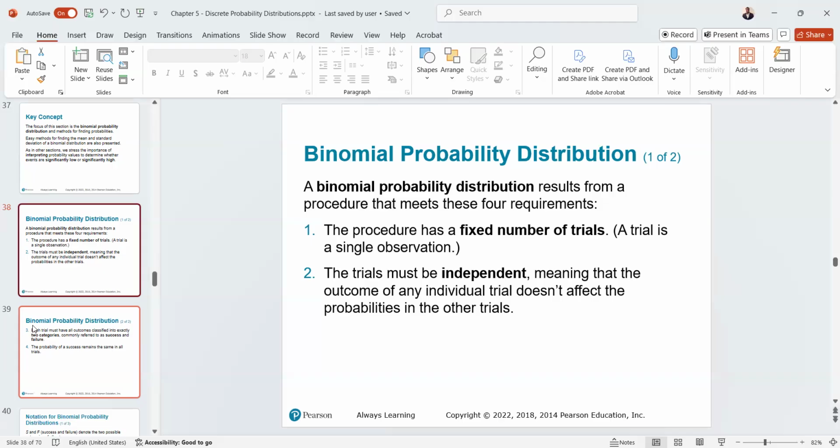The trials must be independent from each other, meaning that the outcome of any individual trial does not affect the probabilities of the other trials. In a basketball game, when you have 3 free throws, if you miss the first one, it doesn't mean you would miss the second one or that you would get the third one. All have the same probability of success.